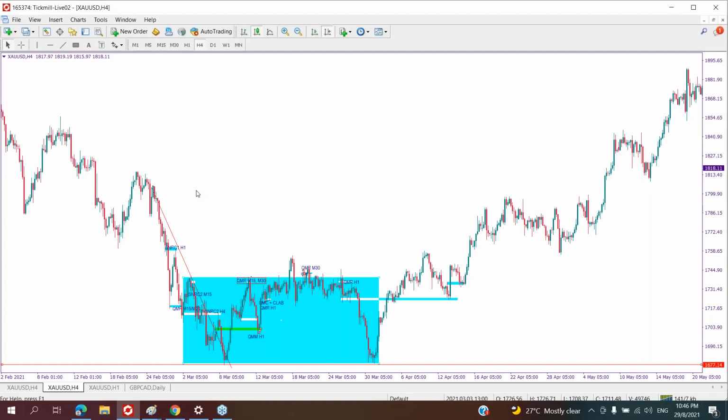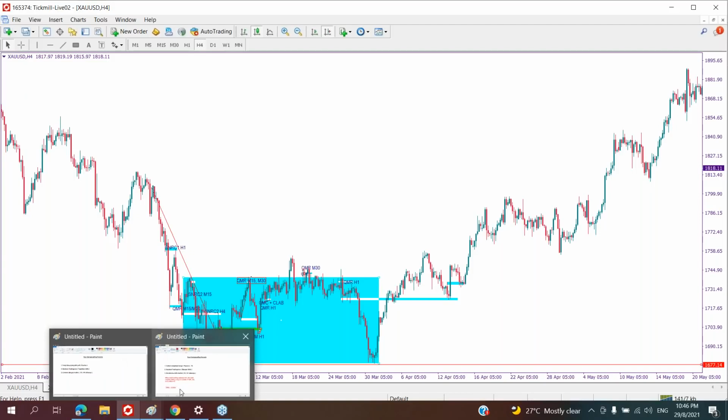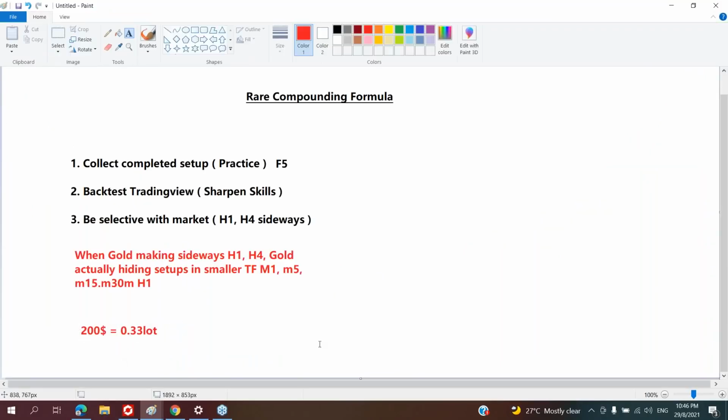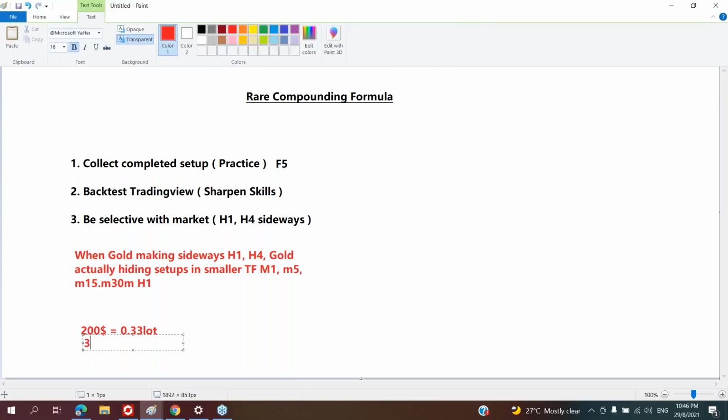If $300, you would use 0.5 lot, till what amount will you change the lot size? Okay, if I start with $300, I will use 0.5 lot.